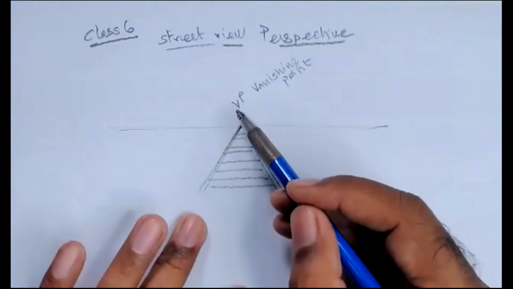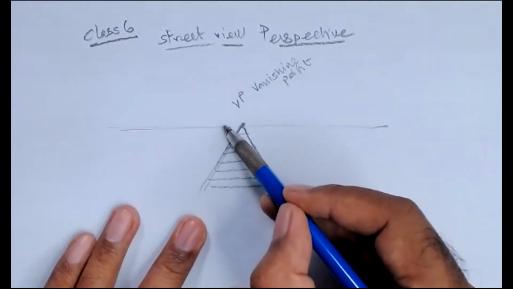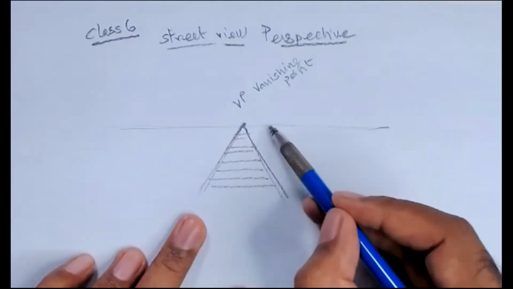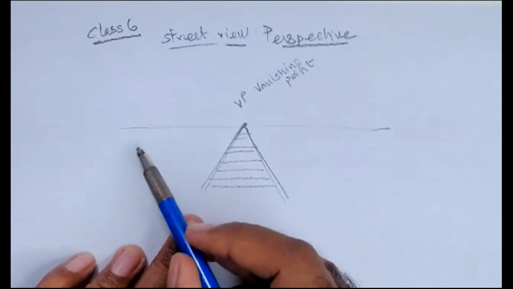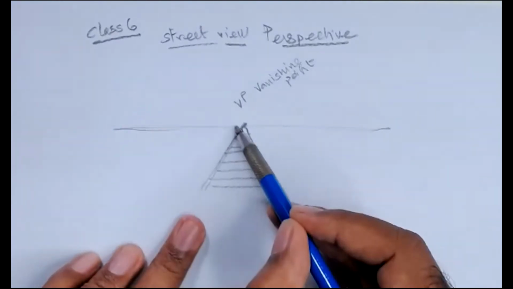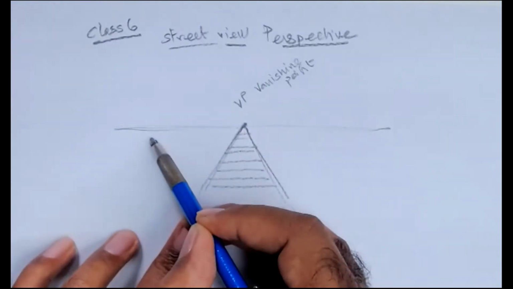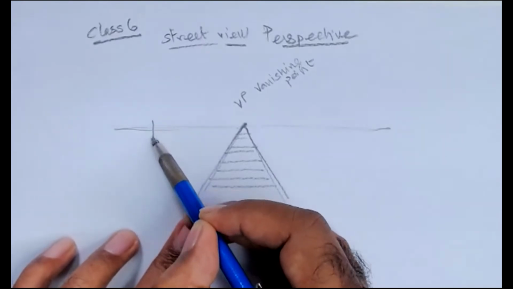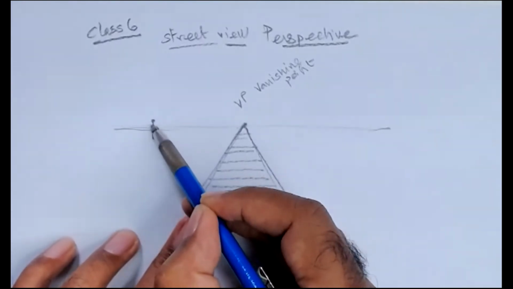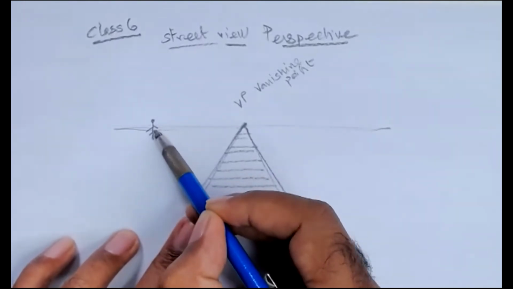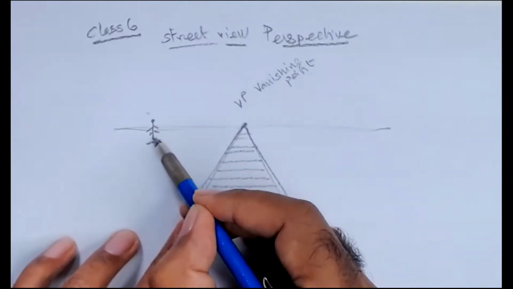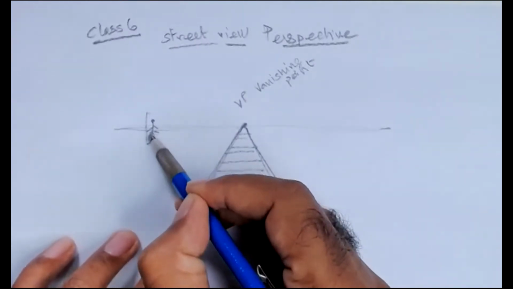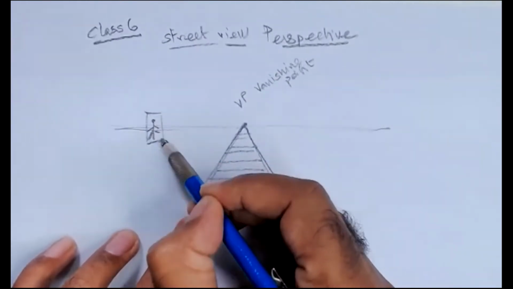So let's imagine a street of houses on the left and a street of houses on the right. What happens to them? I am going to draw a person, somebody standing here in front of his home. This is a stick figure. This is the door.